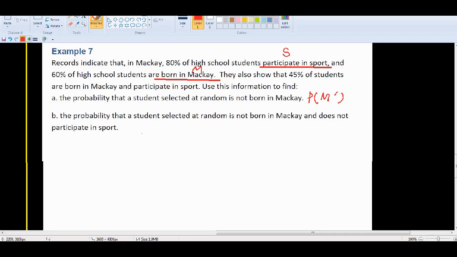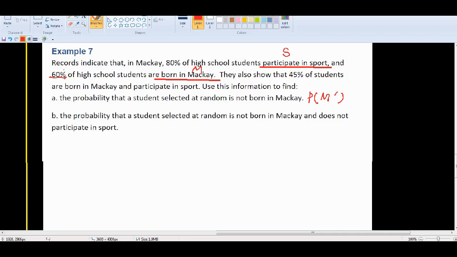Part A is about the probability of not born in Mackay. So how could we do that? How do we know that? If you just look at the information they give you, is that difficult to find? No, because you see that 60% is given, that's born in Mackay.